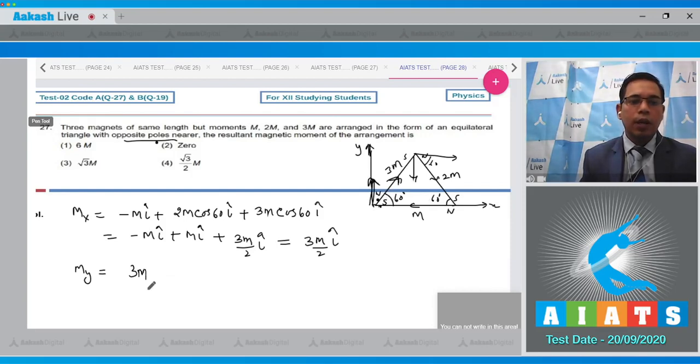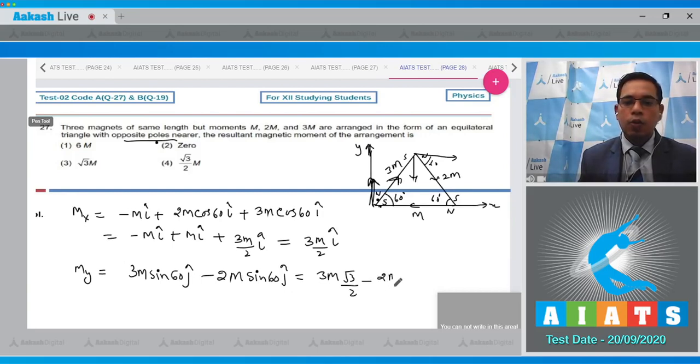That means it will be 3m sin 60 j cap minus 2m sin 60 j cap, which equals 3m root 3 by 2 minus 2m root 3 by 2 times j cap, that is 3m minus 2m, that means m root 3 by 2 j cap.